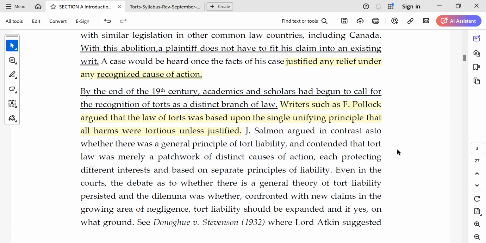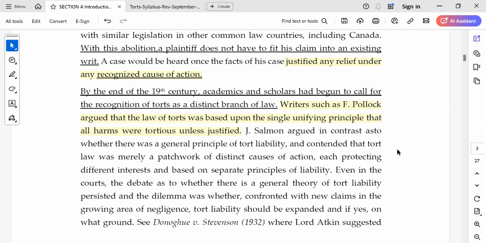J. Salmond argued in contrast, questioning whether there was a general principle of tort liability, and contended that tort law was merely a patchwork of distinct causes of action, each protecting different interests and based on separate principles of liability.